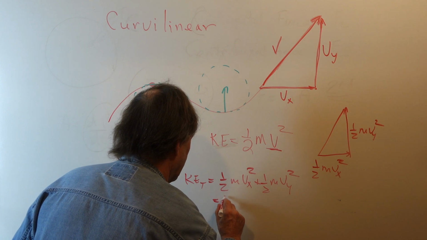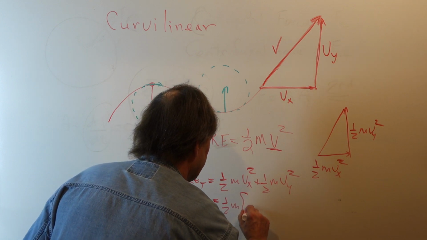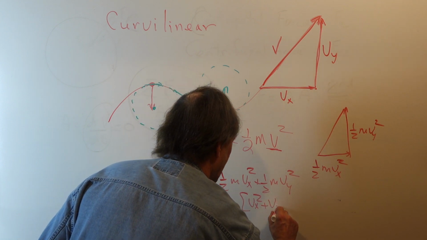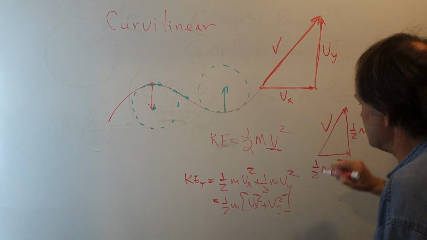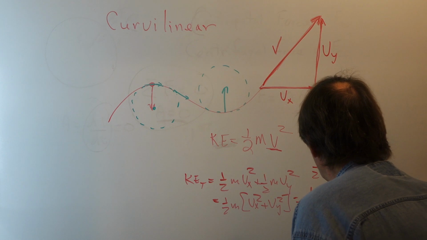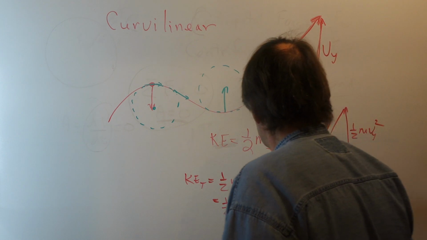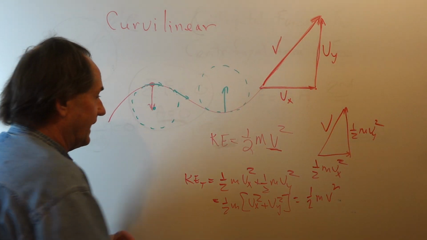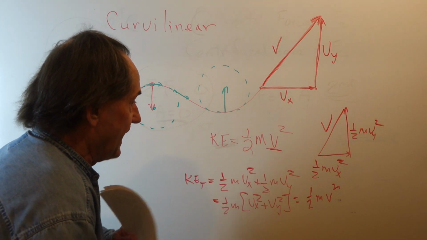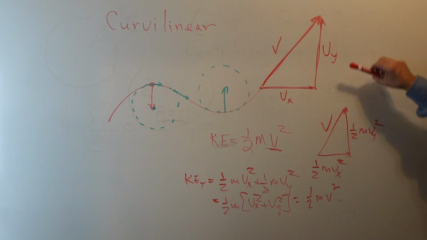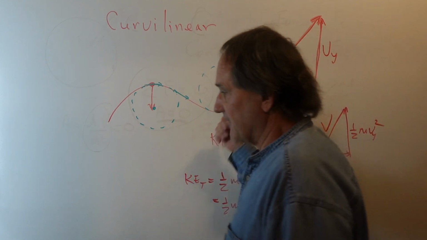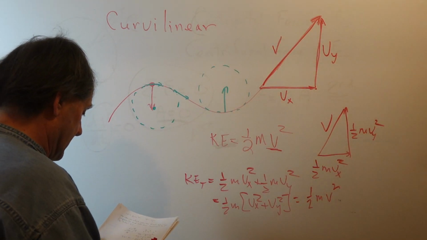I pull out the 1/2 m, and I've got vx squared plus vy squared, and lo and behold, what is that? That is v squared. So 1/2 mv squared. So in this case, it does work out that the energies in the horizontal and vertical directions can be combined to give us the overall kinetic energy of an object.